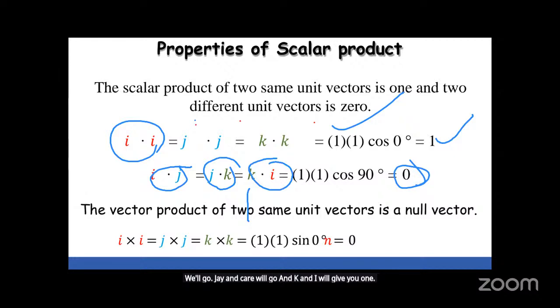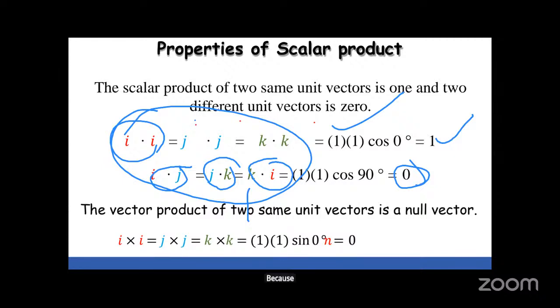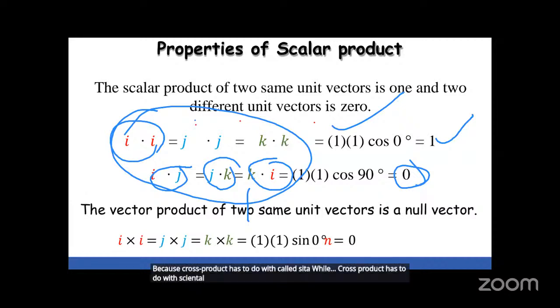The cross product and dot product are like opposites, because cross product has to do with sin theta, while dot product has to do with cos theta.